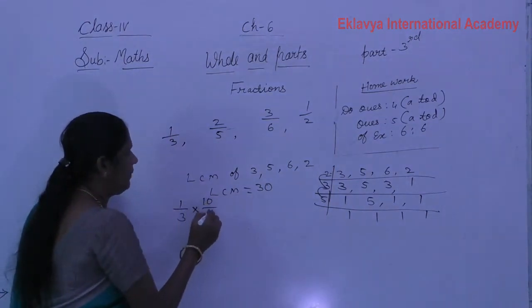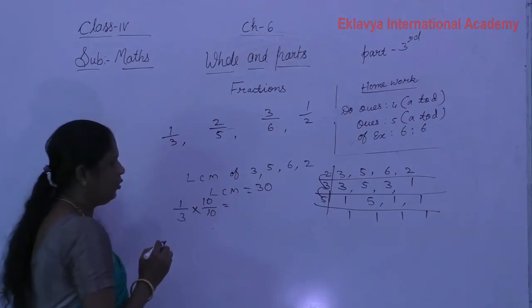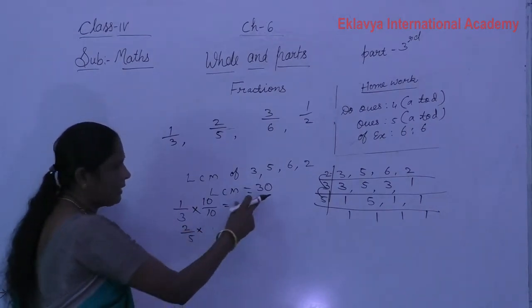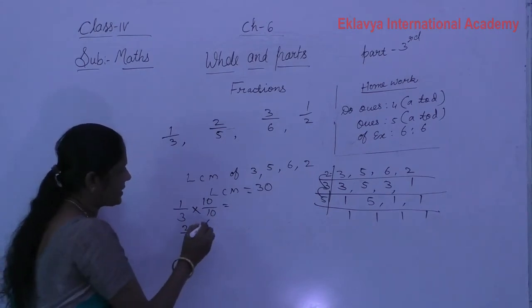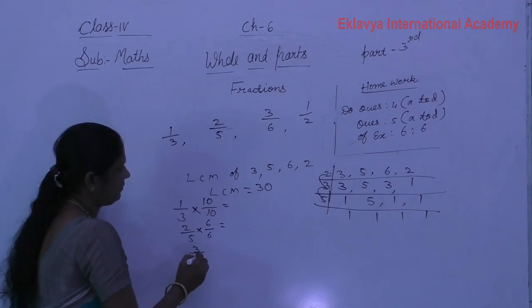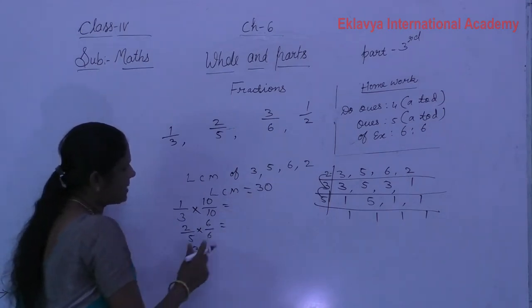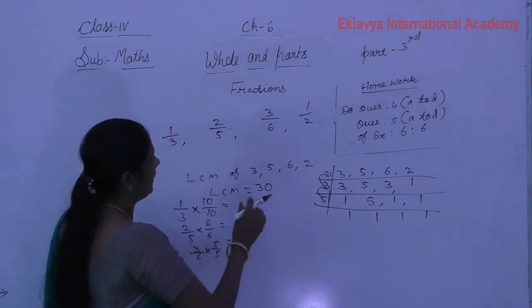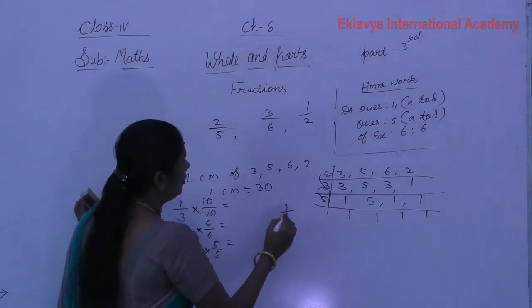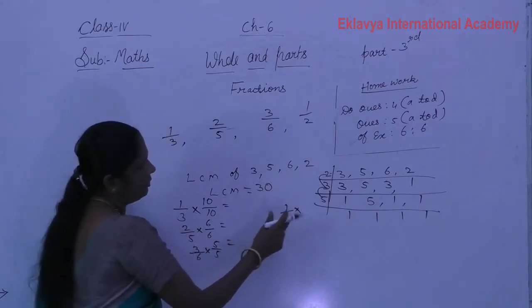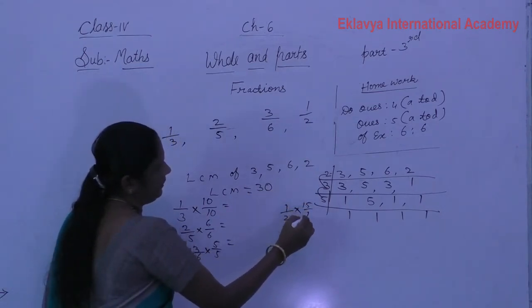We multiply the numerator and denominator. Next 2 by 5: 30 divided by 5, 6. Then 30 divided by 6, 5 upon 5. Then 1 by 2: 30 divided by 2, we get 15.